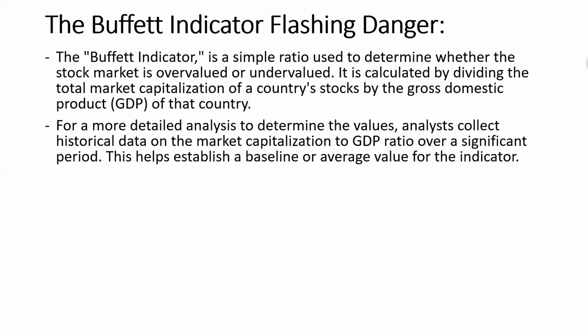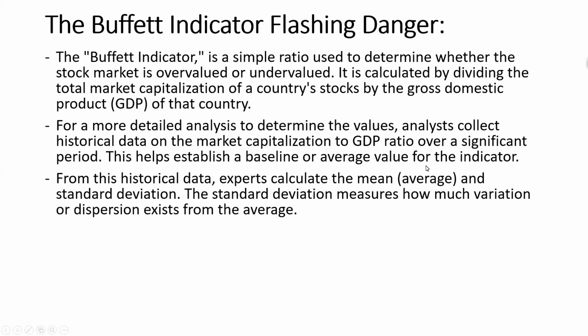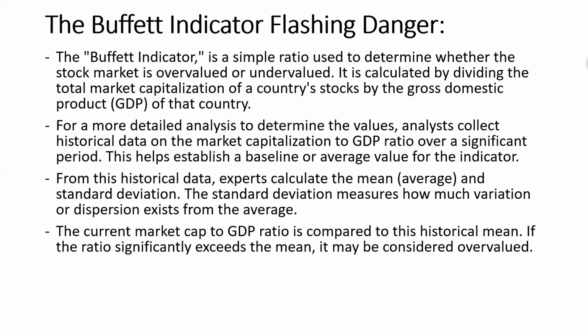So when you get this historical average, you roughly will know, okay, what is the current condition of your country overall, right? Now, from this historical data, experts calculate the mean, or what you call the average, and standard deviation. The standard deviation measures how much variation or dispersion there is from the average. So from there, you have a clearer idea where we are already. Now, the current market cap to GDP ratio is compared to this historical mean.